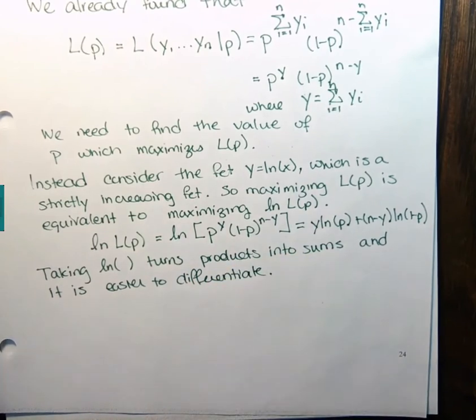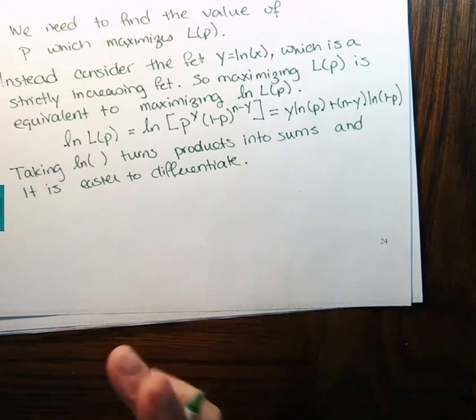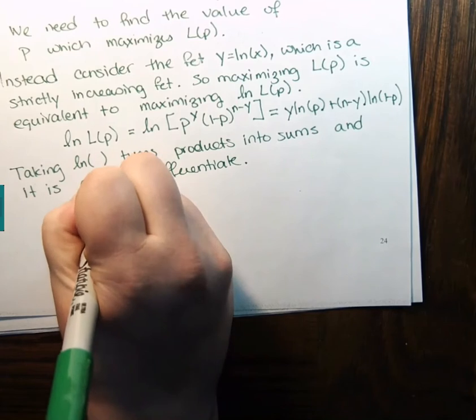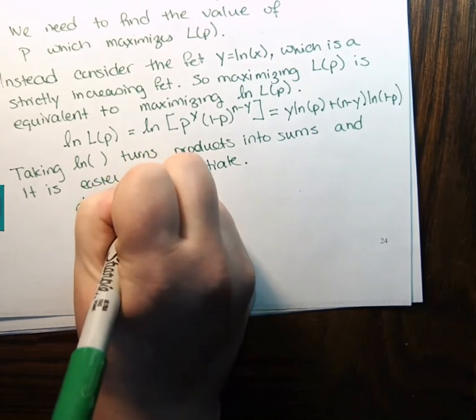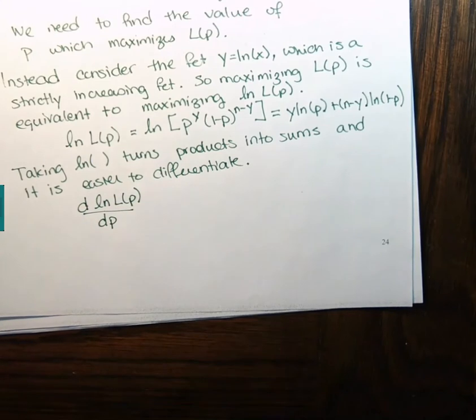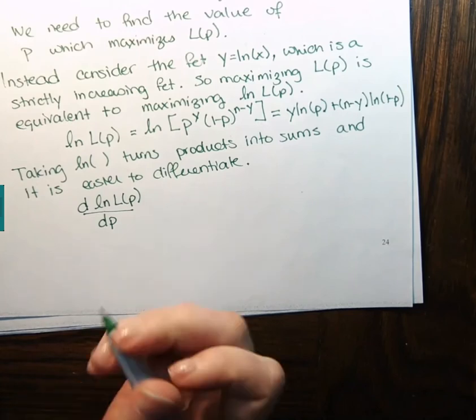And again, the reason we want to be able to differentiate is that our whole goal here is to maximize the function. And remember, you can do that by taking the derivative and setting it equal to 0. So we're going to take the derivative of the log likelihood with respect to the parameter we're trying to estimate.